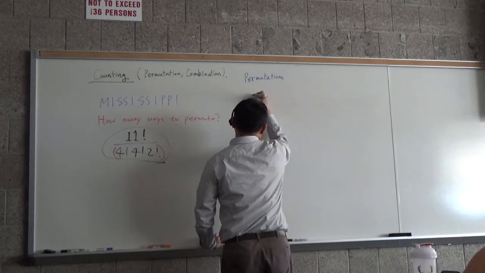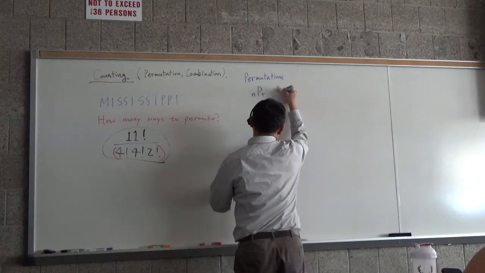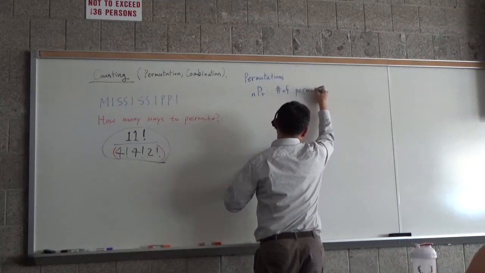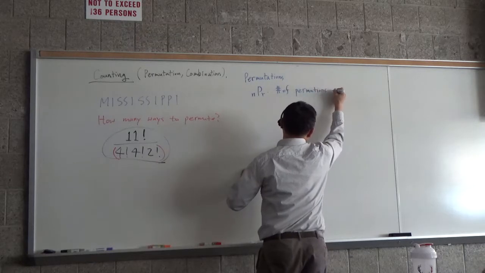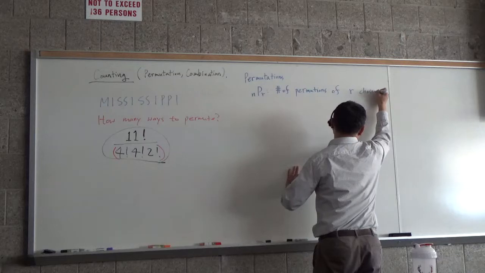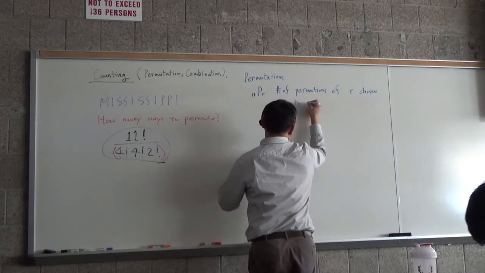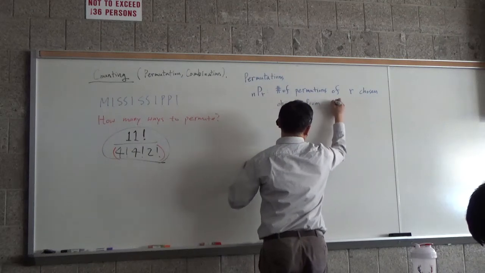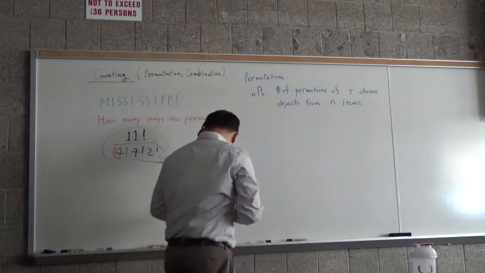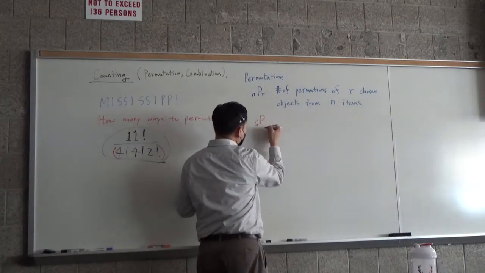NPR means number of permutations of R chosen objects from N items. So an example of this would be 4P2.